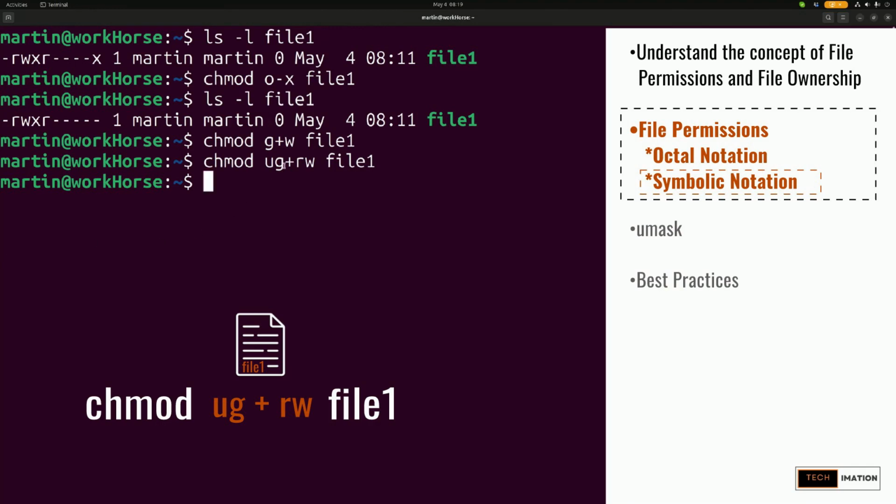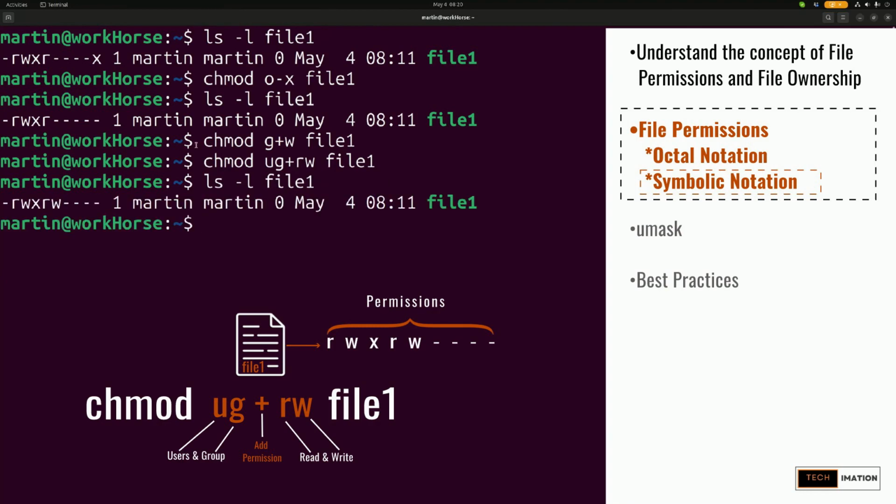You said both the user and the group will be given the read and write permission. So if I list it here, you will see that the user has the read and write permission. The group has the read and write permission, and that is what we did right here.